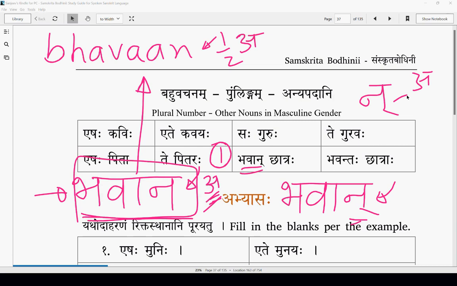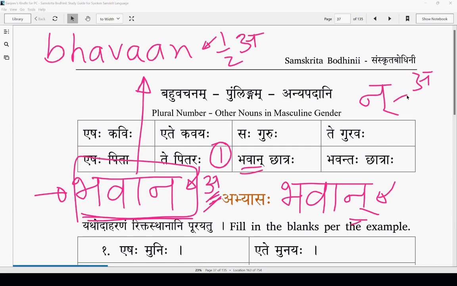So basically danta. When you touch the tongue behind the teeth there to pronounce na, and if you want to bring it out, you have to add a little a to it. You can feel that.